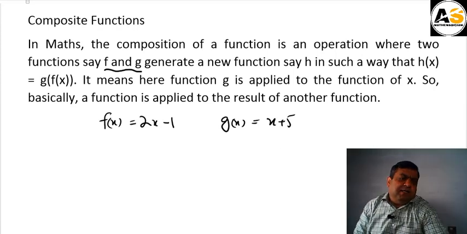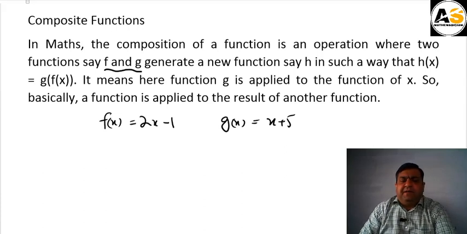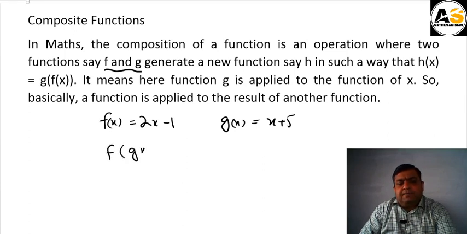We have already done that how we find the value of f of x at x is equal to 1, 2, 3, etc. and any given number. But if I say find f of g of x, this is called composition of f on g. It will be another function which will be composition of f and g.